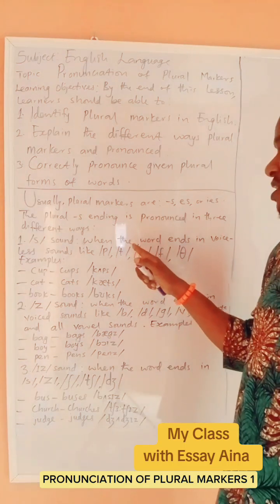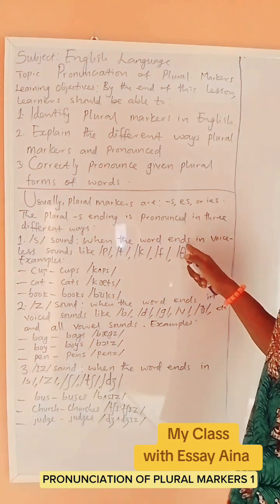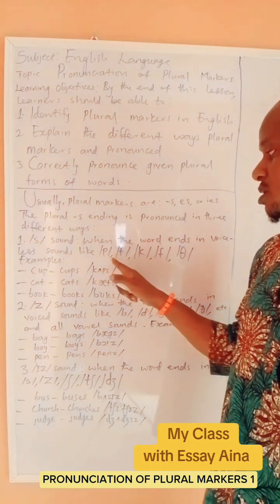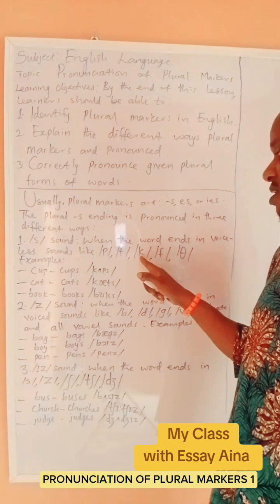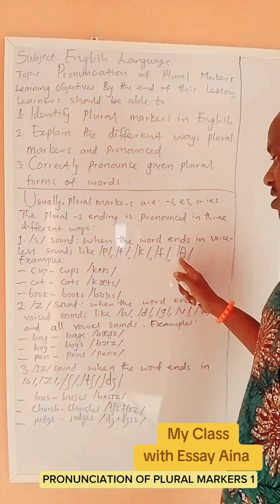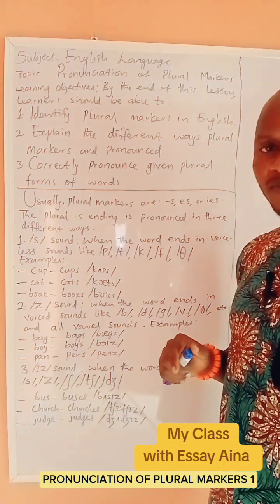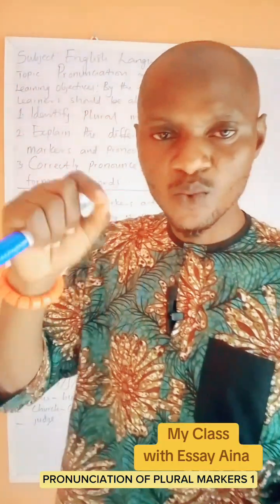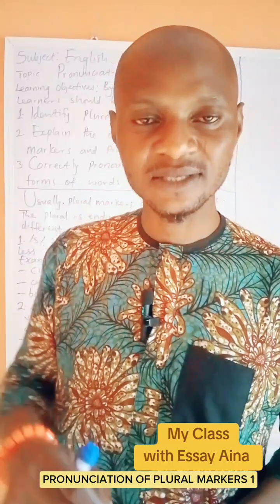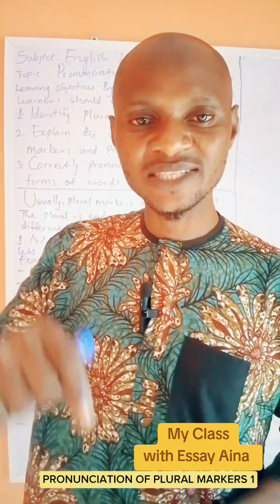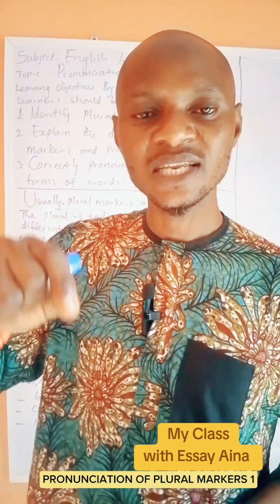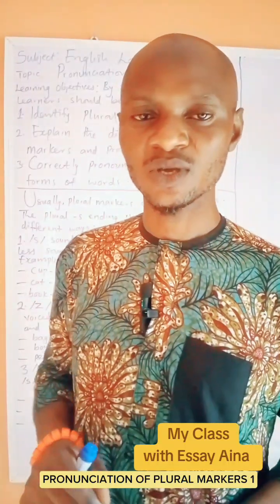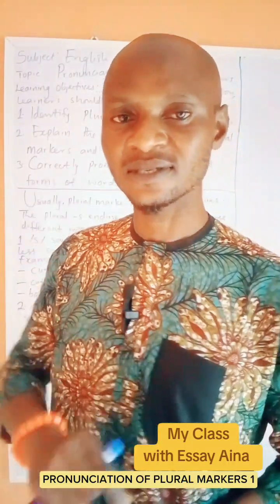So when the word ends in voiceless sounds like p, t, k, that is the word that you want to pluralize, when it ends in voiceless consonants, you pronounce it as s.